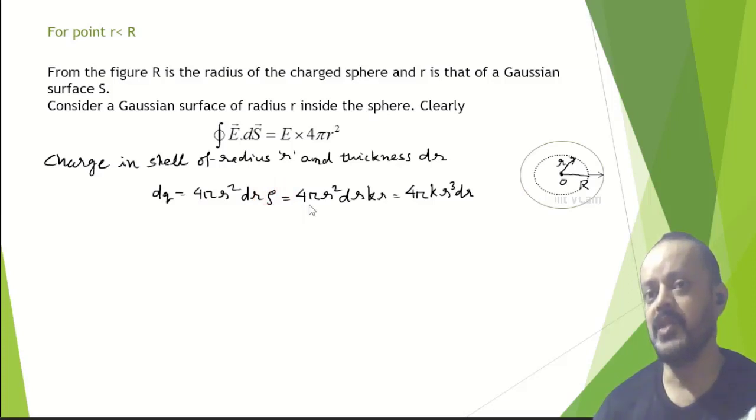Now we will substitute the value of rho given in the question. So the value of dq will be 4 pi r square dr multiplied by kr. It can be written as 4 pi k r cube dr.